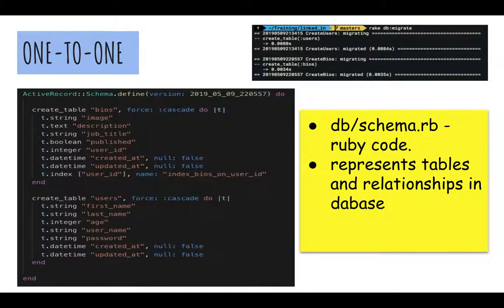So we do rails db:migrate, and we can see in our schema a representation of the tables and relationships in the database. So at the bottom of bios, we've got t.index user ID, name index bios on user ID. So that means that the bio is relating to the user's table, and this is a one-to-one relationship.